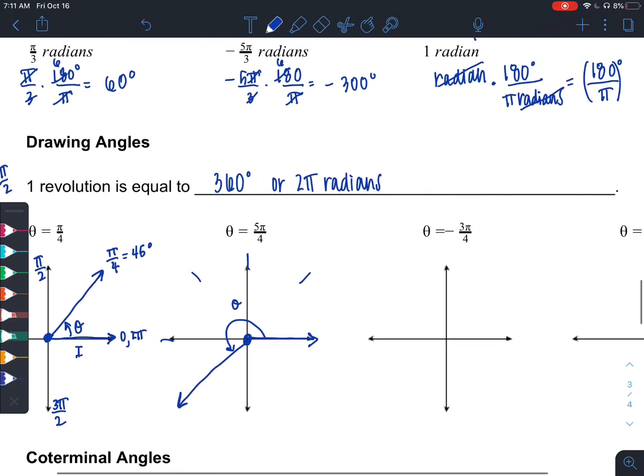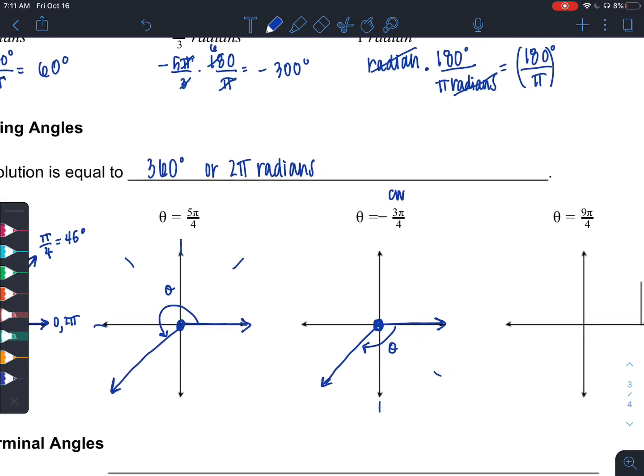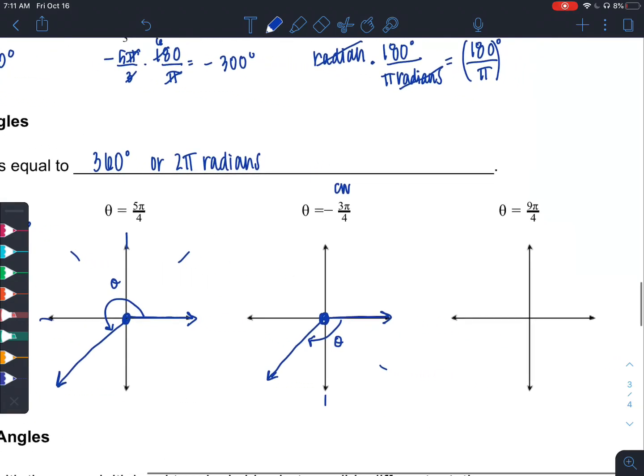For negative 3 pi over 4, we're moving clockwise. So initial side, point at the origin. Then I'm going 1 pi over 4, 2 pi over 4, 3 pi over 4 in the clockwise direction. Then finally, 9 pi over 4.